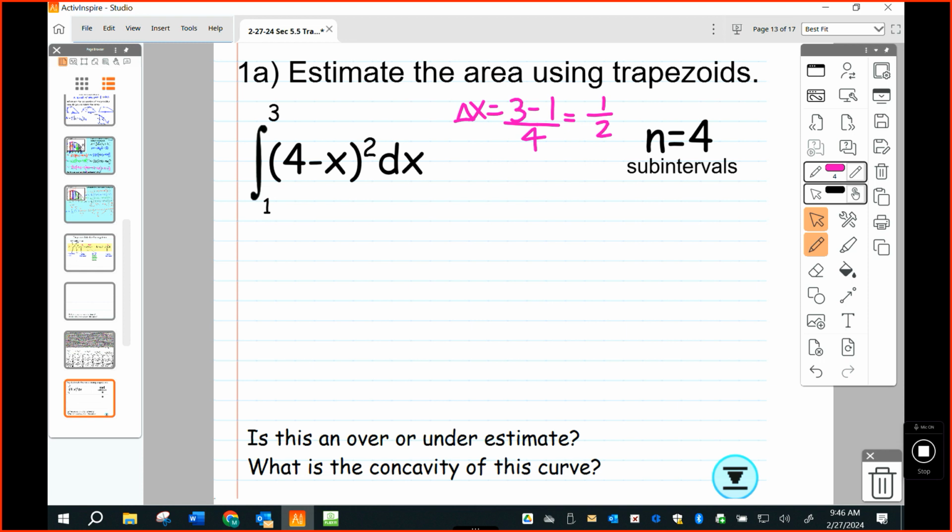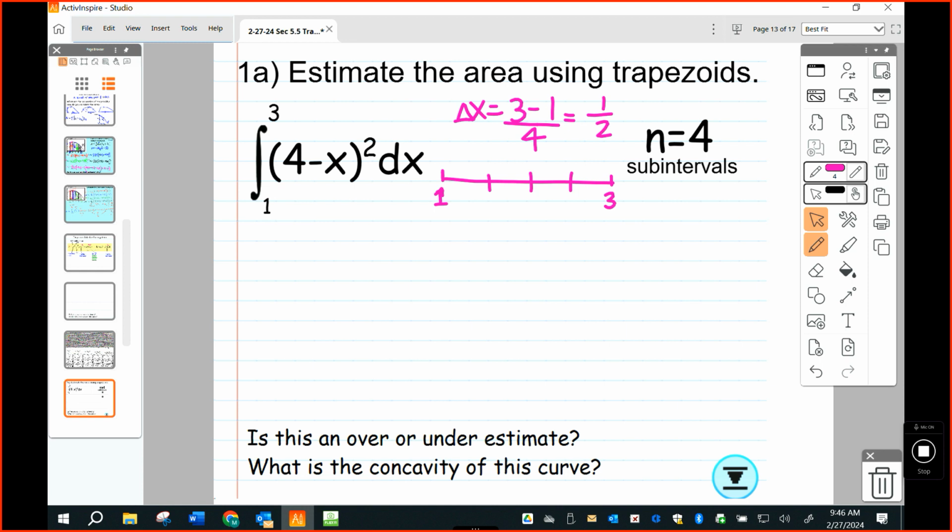Now, before you start plugging into the formula, what I would recommend is you write out all your x's. I kind of just like draw a number line so I can see what all my x's are. My number line is going to go from 1 to 3. Sorry, that's a weird looking 1. 4 subintervals, so I break that up into 4 equal pieces. My delta x is 1/2, so you just add 1/2 to get the next one.